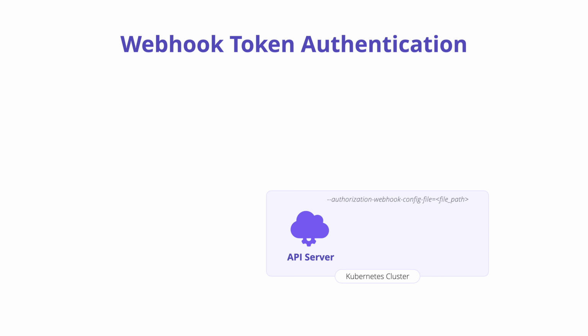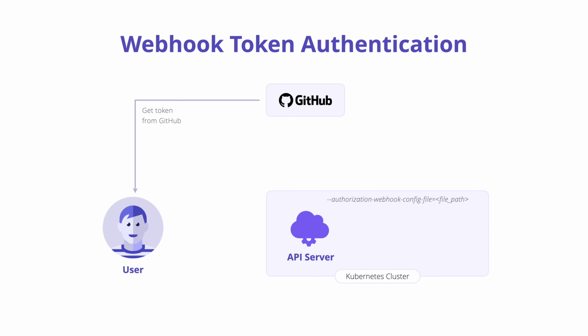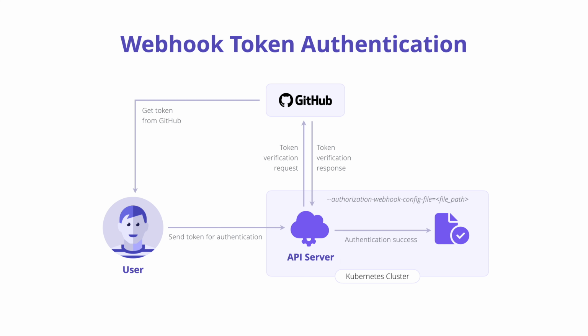The Webhook Token Authentication plugin requires requests to include an HTTP bearer token as an authentication credential. Taking GitHub as an example, users can generate their own token in GitHub and then use the token from GitHub to authenticate with the API server. The API server then checks with GitHub to ensure the tokens are valid and then authenticates the user finally.